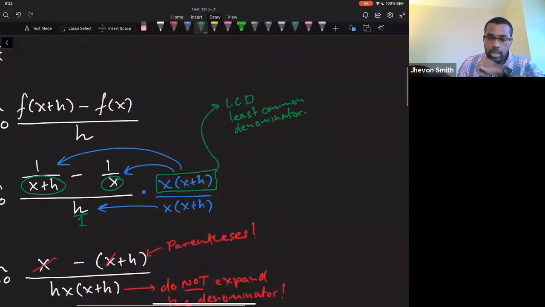The LCD is the smallest expression all denominators divide into.